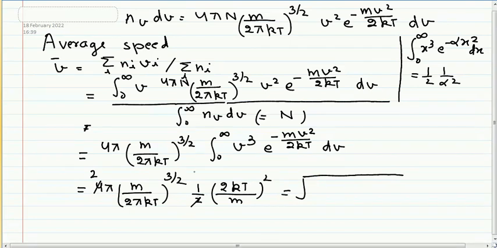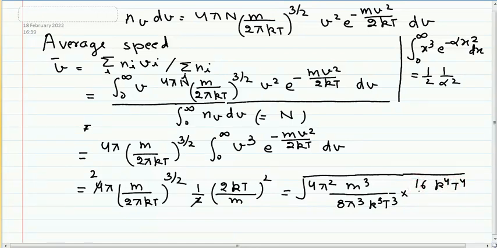So this 2 pi means 4 pi square, and then this factor will be m cube divided by 8 pi cube k cube and t cube, multiplied by all these, because this term is a square term, so in the square root this will become 4 times. So expand this, it will be 16 k to the power 4 t to the power 4 divided by m to the power 4.